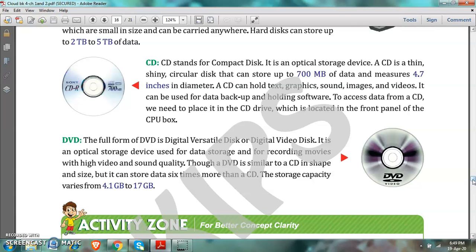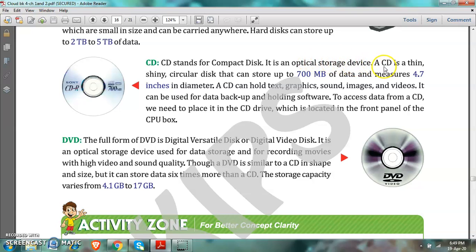Now come on, CD. I hope you have all seen this circular shaped device. It is called CD. CD stands for compact disc. Children, it is an optical storage device.